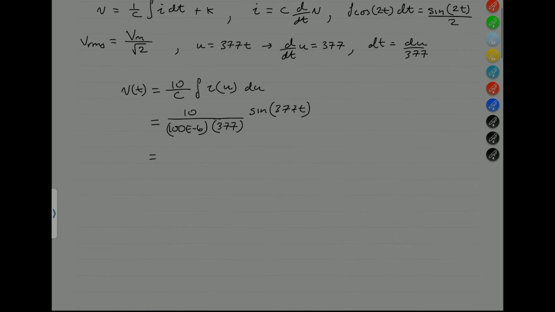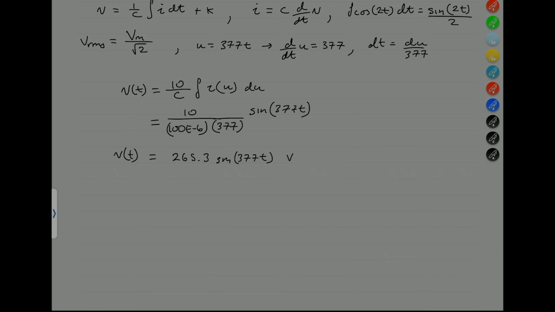When we simplify that, we get 265.3 sine 377t, that is in volts. So that is our voltage across our capacitor.